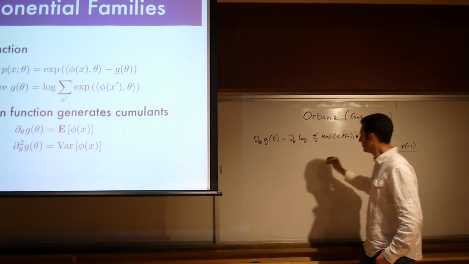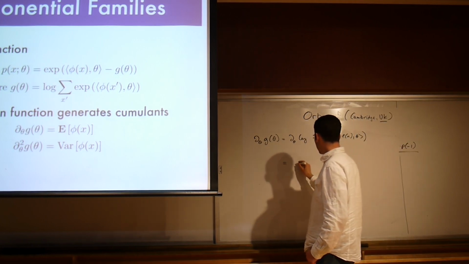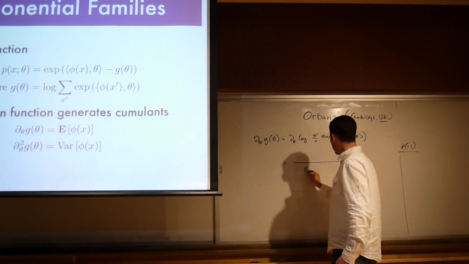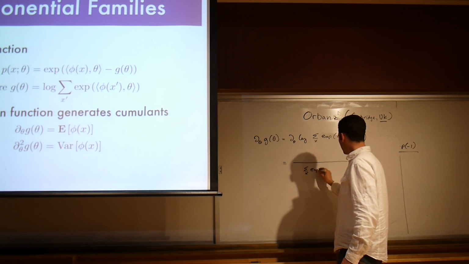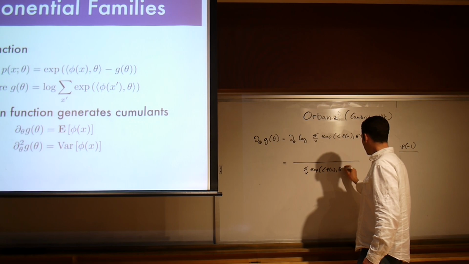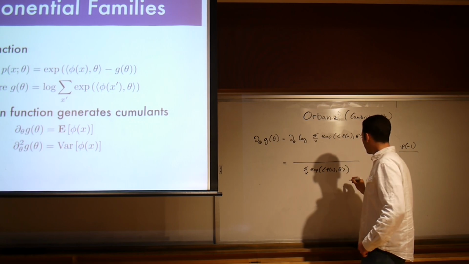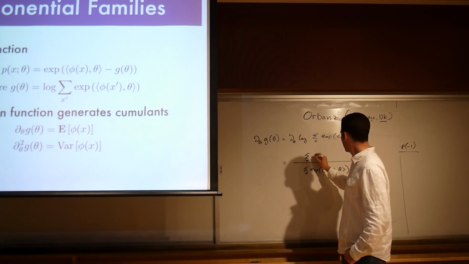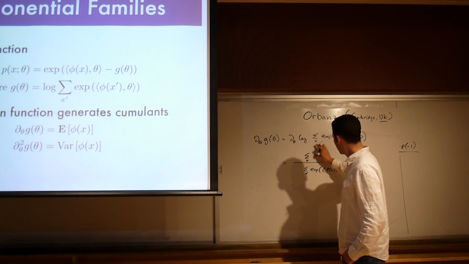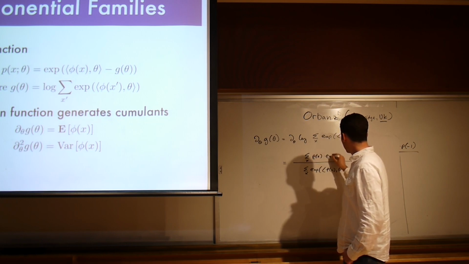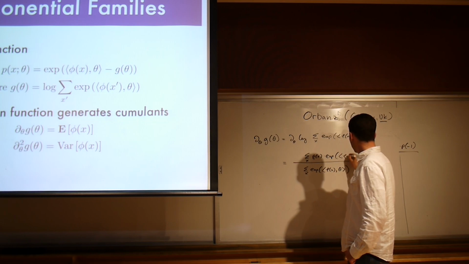Which is the same thing as 1 over the sum over x of e to the phi of x with theta, and in the numerator we have the sum over all x of phi of x times e to the phi of x with theta.